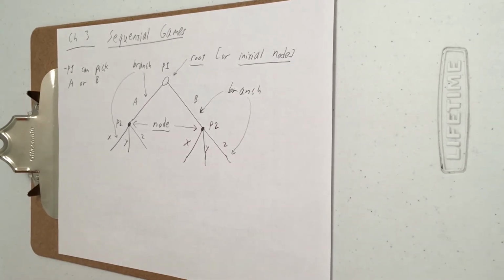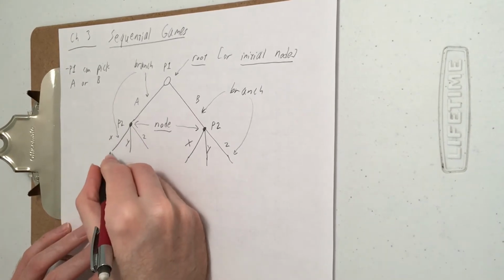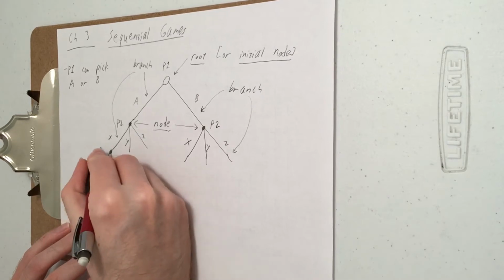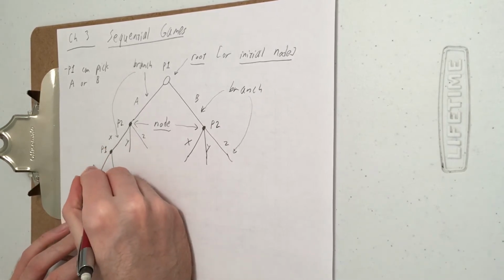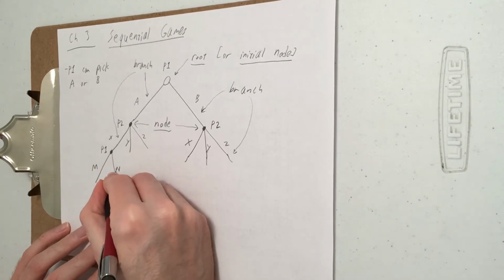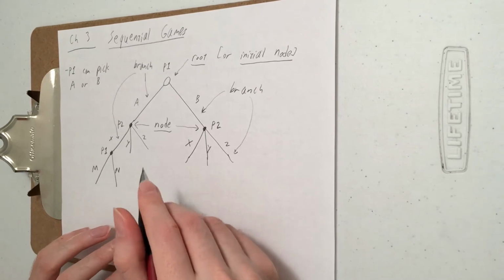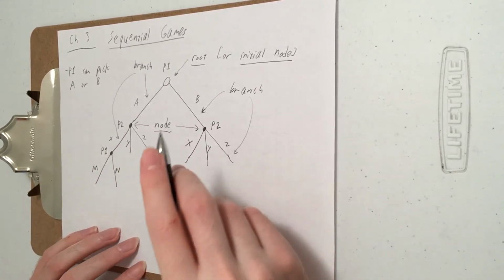So maybe after player 2 makes a move, it could be a case that player 1 might move again. Maybe if they play X, in this case, player 1 can move again in this game. And player 1 can play either M or N. But if they go anywhere else, the game just ends.